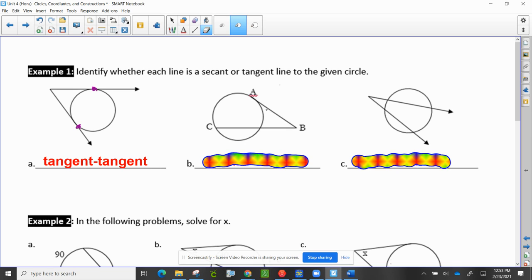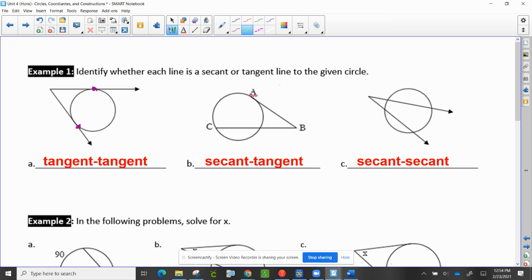The middle picture has one tangent line and one secant line because we have 1 point here and 2 points there. Lastly, this picture was secant, because they're both passing through 2 points on the circle. Tangent again is 1 point. Secant passes through 2 points.